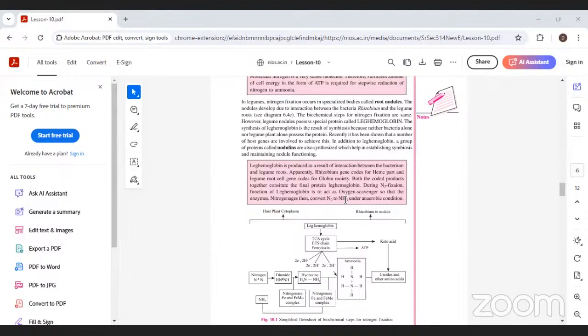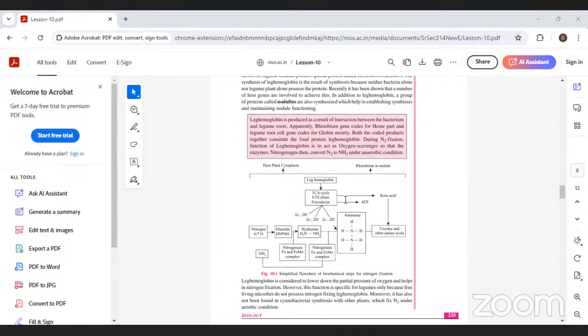Both the code products together constitute the final protein leghemoglobin. During nitrogen fixation, the function of leghemoglobin is to act as an oxygen scavenger, so that the enzyme nitrogenase can convert nitrogen to ammonia under anaerobic condition.